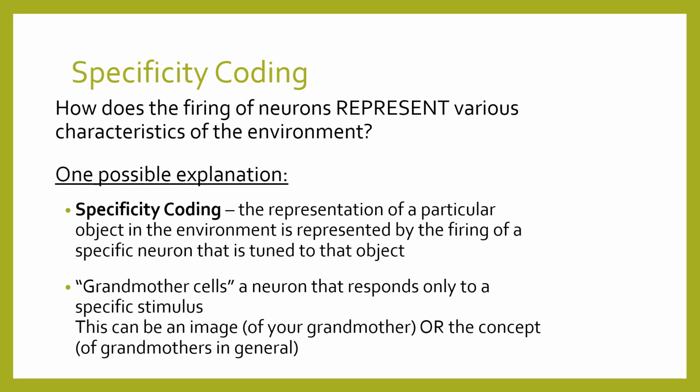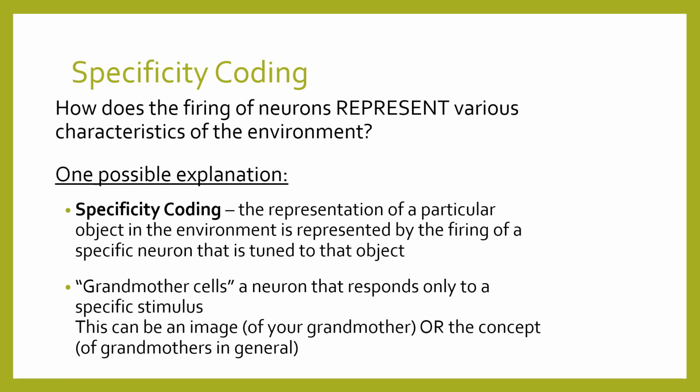And now we're at a point where we are representing objects instead of just features in the environment. And we might ask ourselves, how does neural firing represent various characteristics of the environment? There are a number of possible explanations for how this happens. One would be specificity coding.